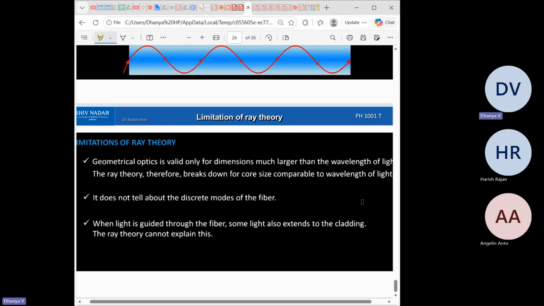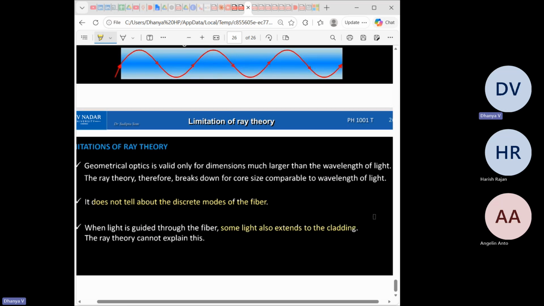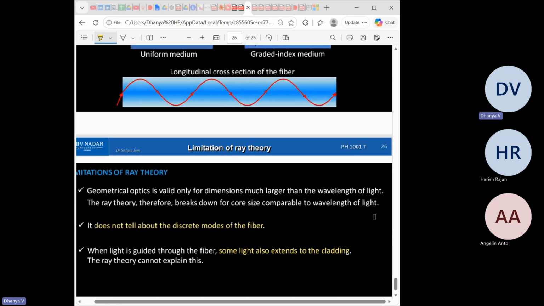So, limitations of ray theory. It does not tell about the discrete modes of the fiber. And when light is guided in the fiber, some light also extends into the cladding. So some light escapes from the core and goes into the cladding. Ray theory can't explain why this happens.